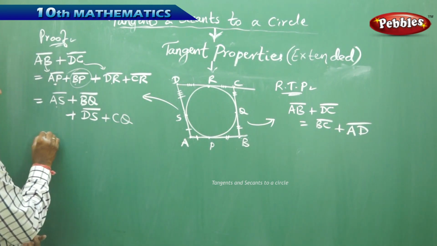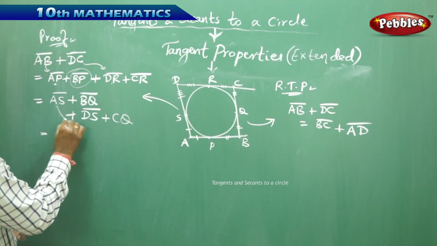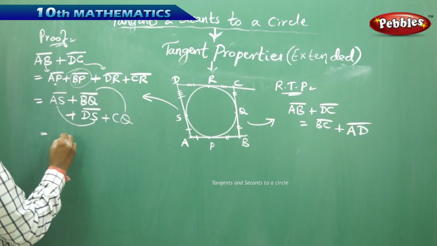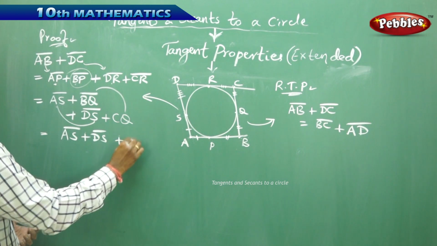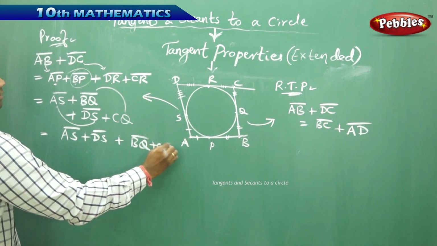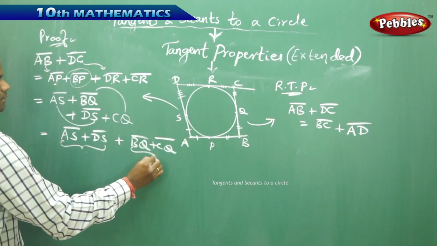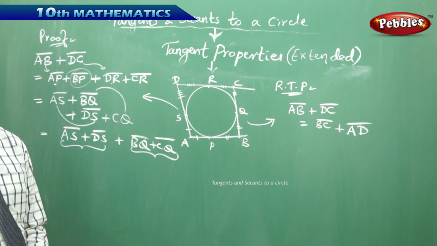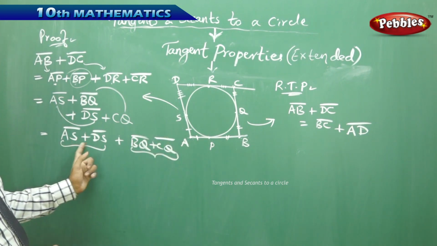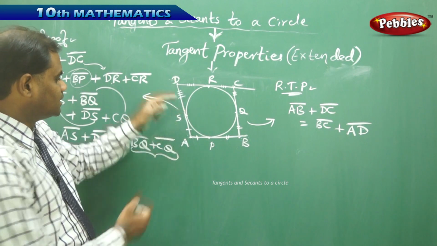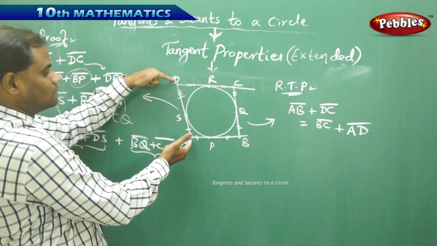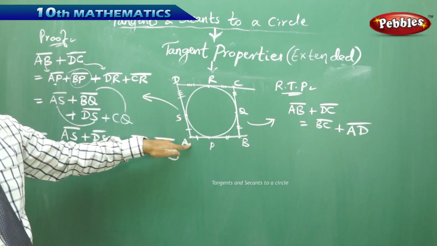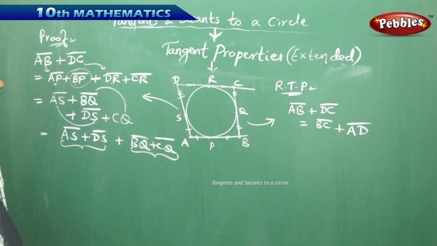Next, I pair them alternately: AS plus DS, and BQ plus CQ. As can be seen in the diagram, AS plus DS is clearly AD on the whole, because AS and DS add up to give the side AD of the original quadrilateral.